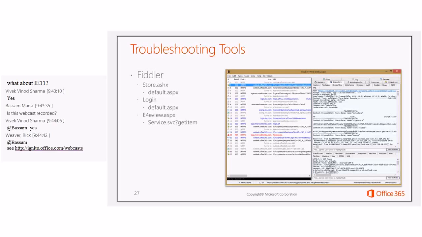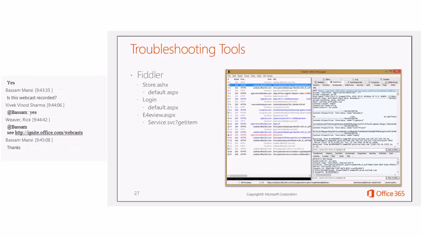And there are basically three events that you want to pay specific attention to. There's one for store.ashx, login, and then you'll see one called E4E_view.aspx, which reflects a little bit of trivia here: the previous name for it, which was Encryption for Everyone, E4E. What they reflect is the call to ASHX is when we're posting the information to the portal.